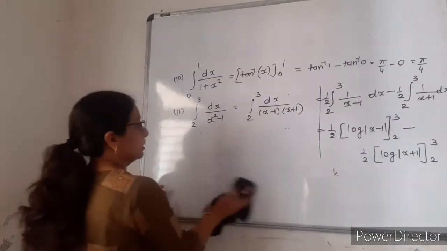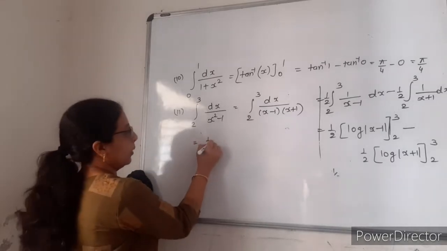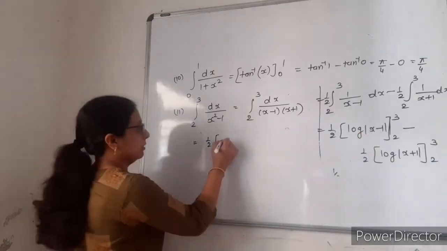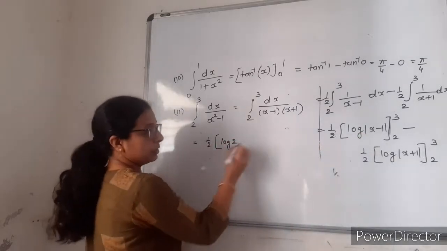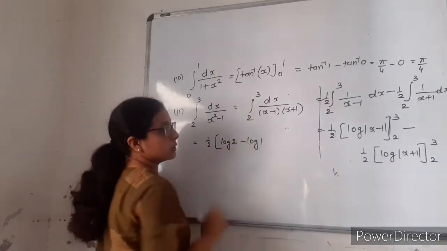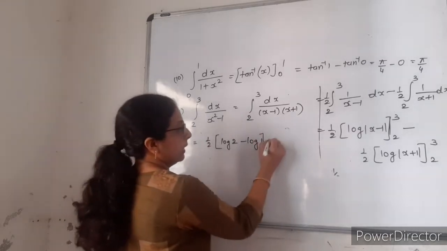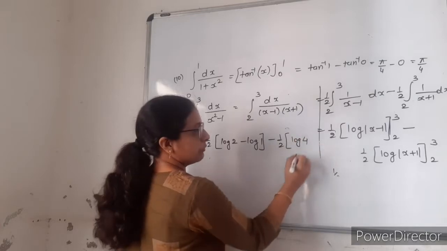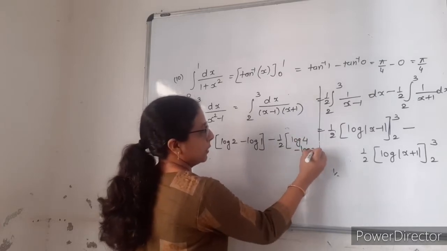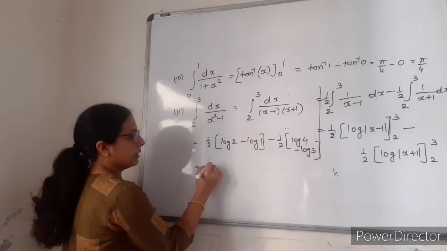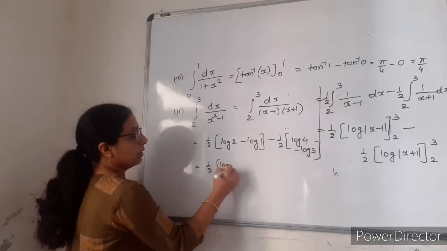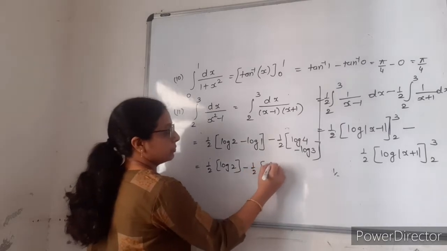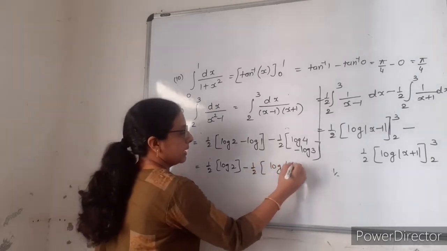Here it is equal to 1 by 2, log of 3 minus 1 is 2, minus 2 minus 1, 1, minus 1 by 2, log of 3 plus 1, minus log of 2 plus 1. So 1 by 2, log 2, log 1 will become 0, minus 1 by 2, log 4 by 3.